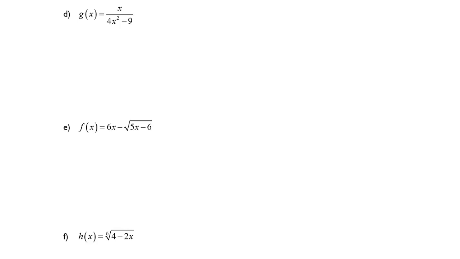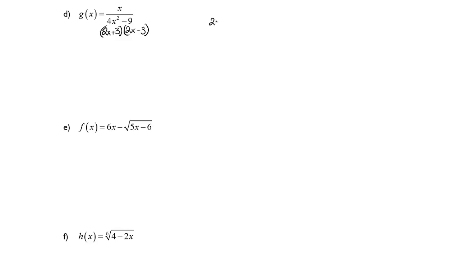Our first function here that we need to identify the domain on is g of x equals x over 4x squared minus 9. Notice that the denominator could be factored, and so we'll go ahead and do that. 4x squared minus 9 would factor to 2x plus 3 times 2x minus 3, which does help us identify where our vertical asymptotes would be.